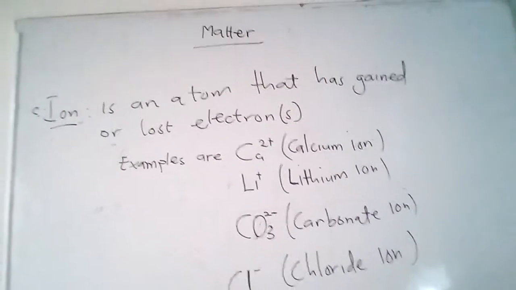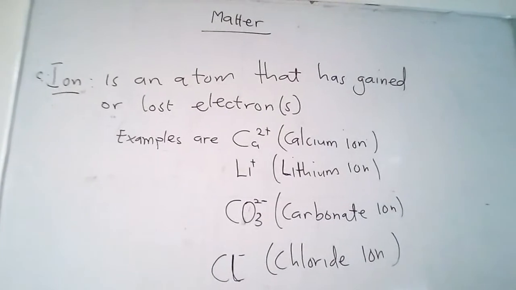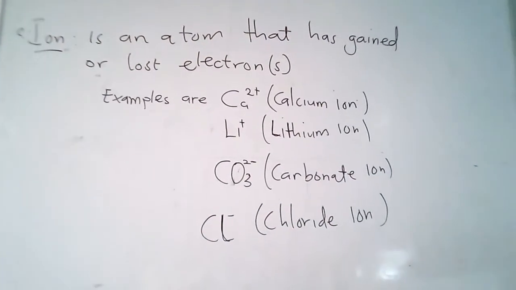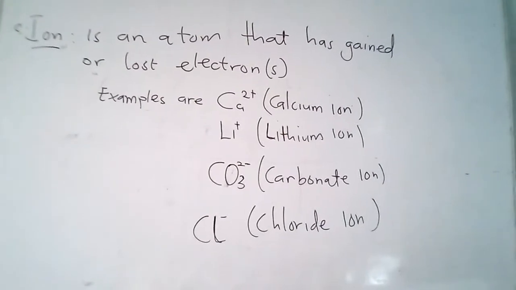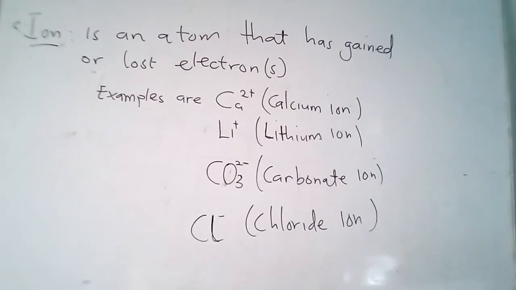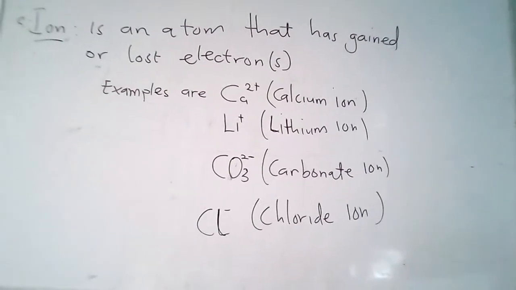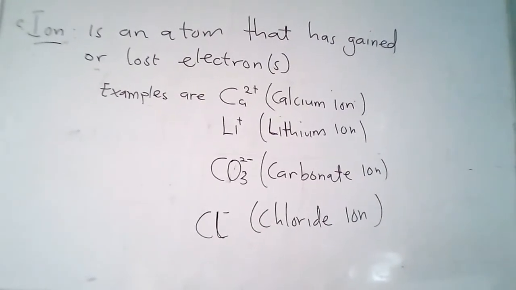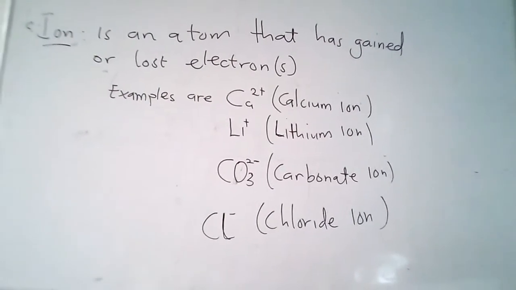For example, calcium ion, Ca2+, is a charged particle. Lithium, Li+, is lithium ion. Carbonate ion, CO3 2-, and then Cl- is chloride ion, and we have S2- is sulfide ion.